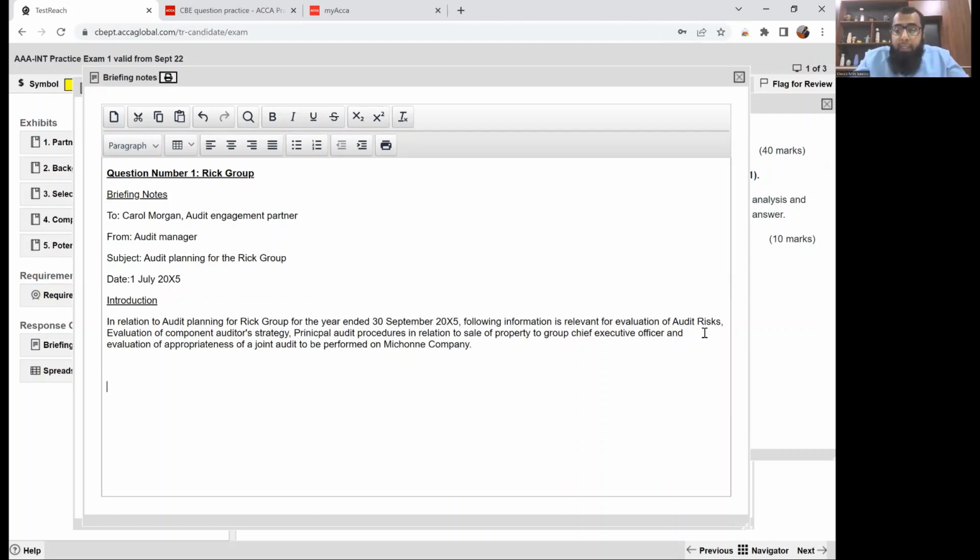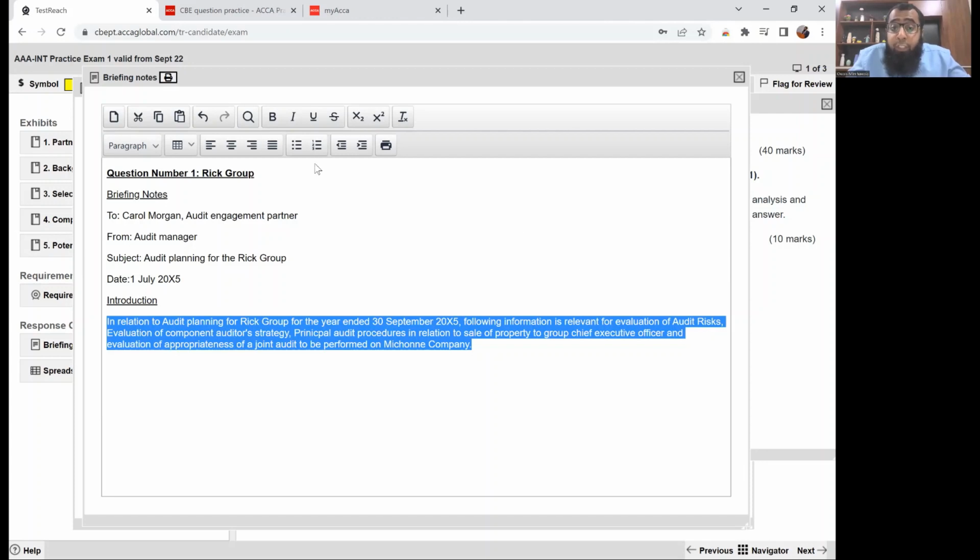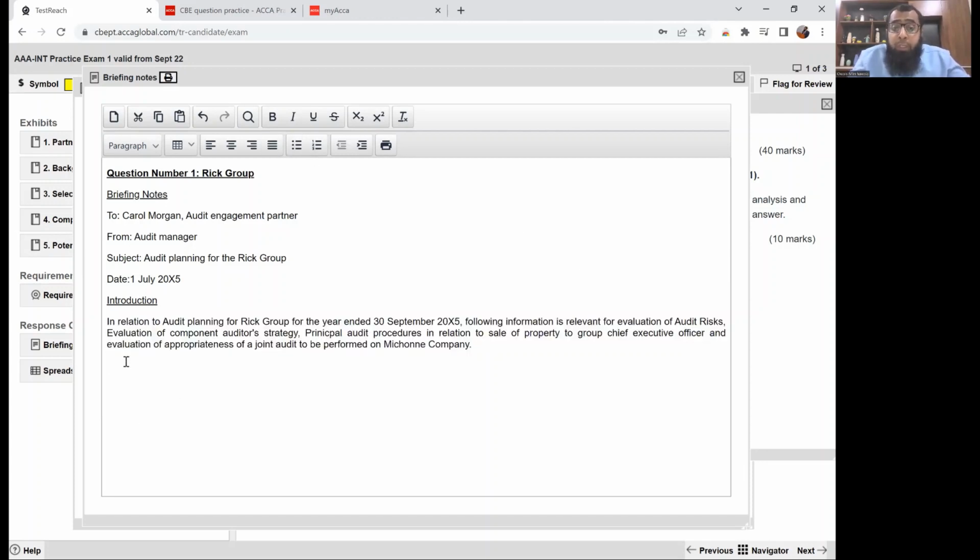See what I have done. It's very easy to develop this introduction. Since there are marks for communication in the exam, you have to make sure that you use a proper format.